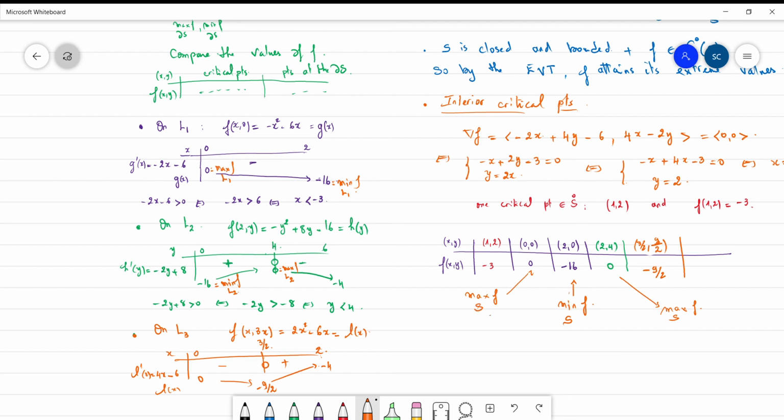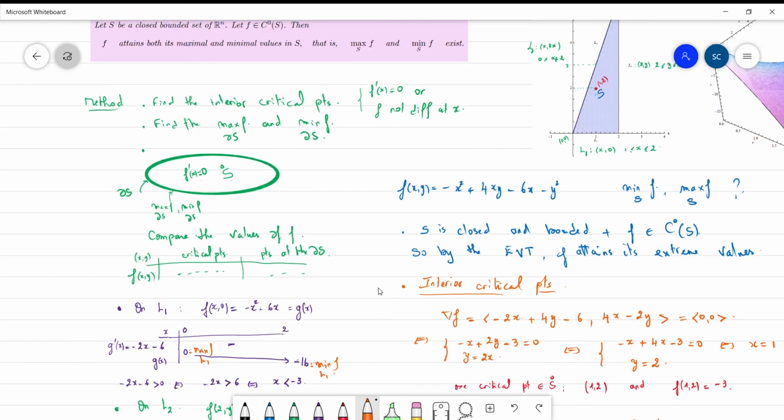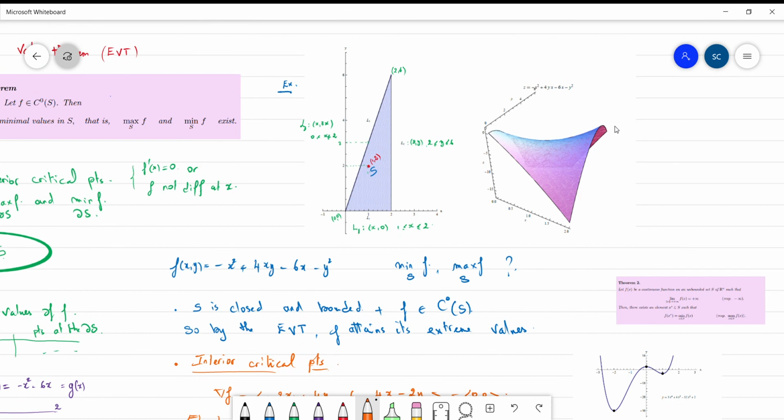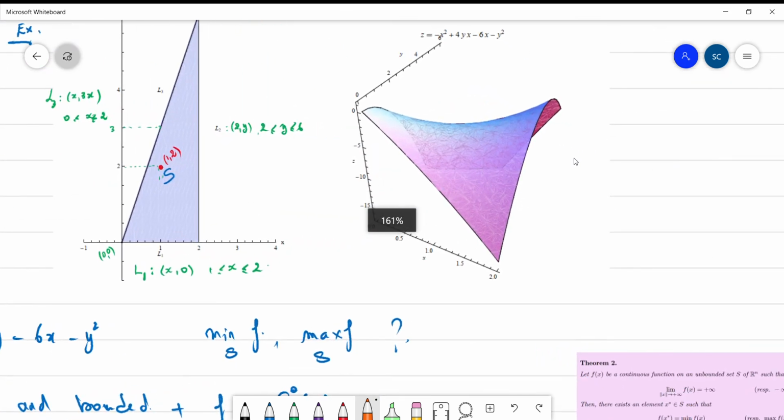If you look at your graph now, this is how you can solve your problem. Let's magnify. We see that at (2, 0) we have the minimum value, the smallest value, and the largest is attained at (0, 0) and (2, 4).